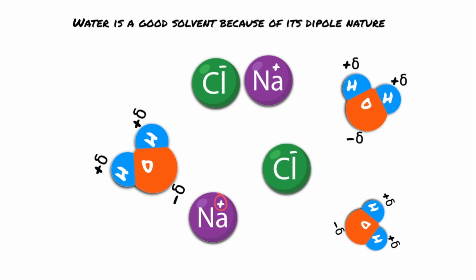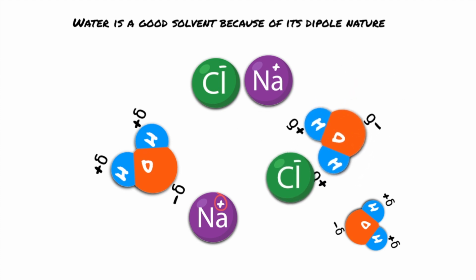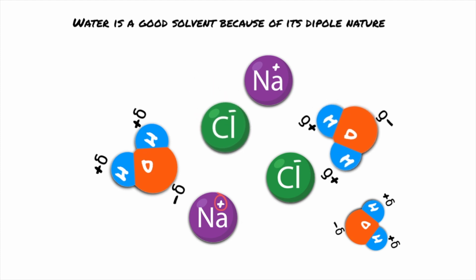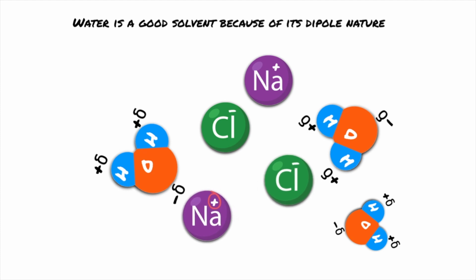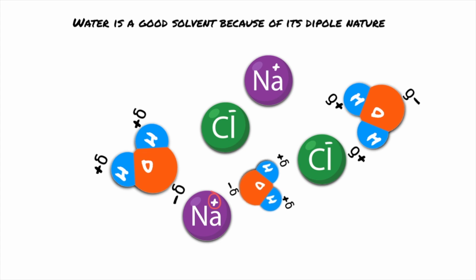The same applies to chloride. Chloride orients towards the hydrogen, and this prevents chloride and sodium from being attracted to each other, because another water will come in between and prevent any further attraction. So now you can see that with more water molecules, all of the salt will get dissolved.